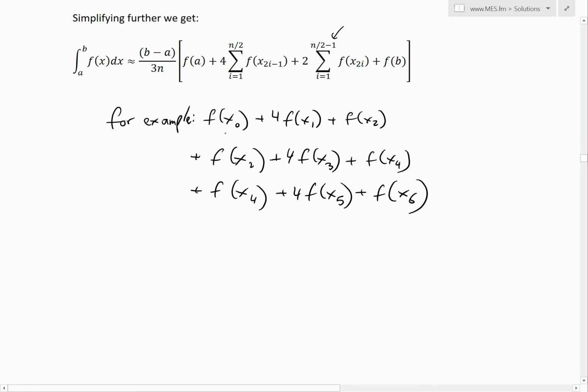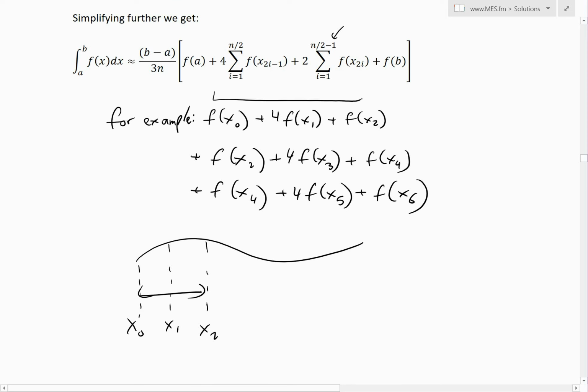If we have, let's say, approximated 3 pairs of subintervals, we have f of x0 plus 4 f of x1 plus f of x2, then plus f of x2, then 4 f of x3, then f of x4, etc. This is x0, this is x1, this is x2, so this is the first pair, and then we do the same thing.